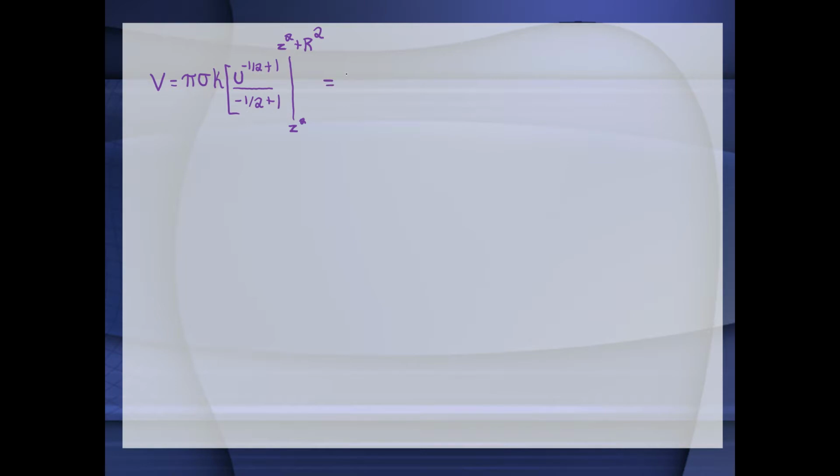Okay, so this would then be pi times sigma times k. And then let's clean this up a bit. This would turn into u to the positive 1/2 divided by 1/2, evaluated from z squared to z squared plus r squared.